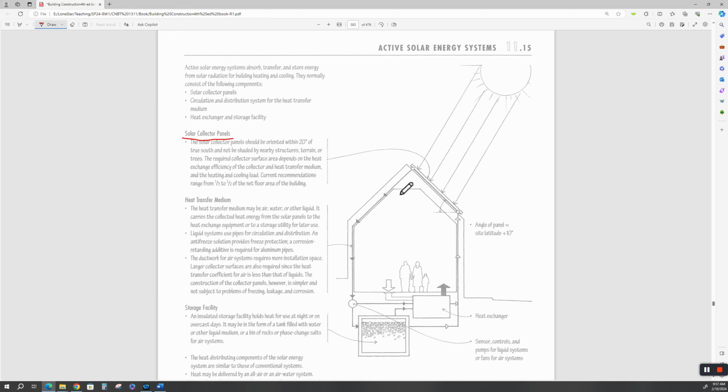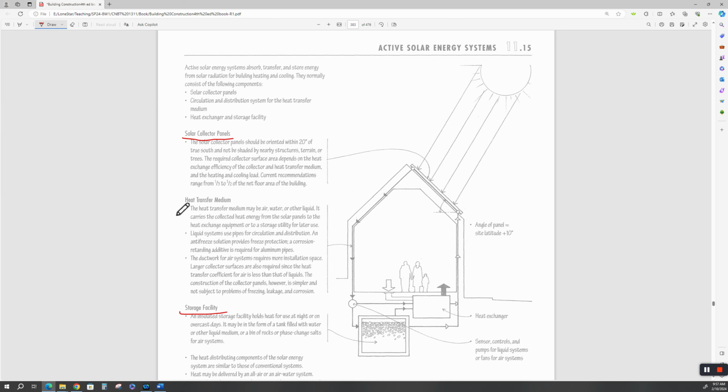It's like radiant heating in reverse, and it's circulated down through a pump. There's some kind of storage facility, and then there's a heat exchanger. And let's see what else we got.